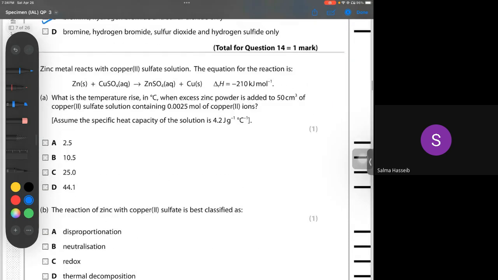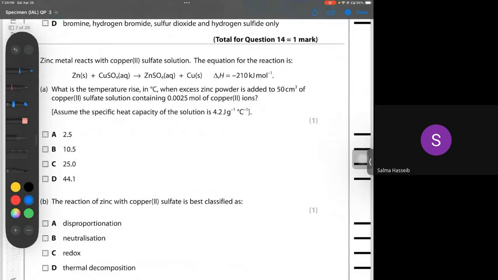Now see question number 15. Zinc metal reacts with copper sulfate solution.